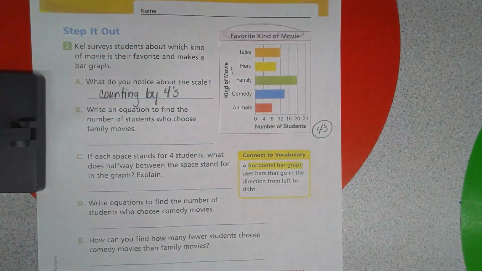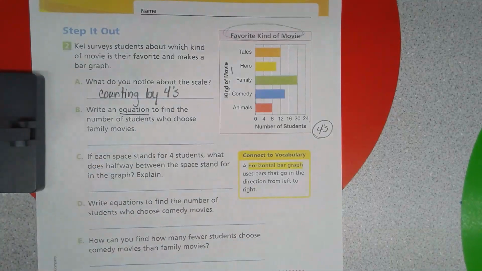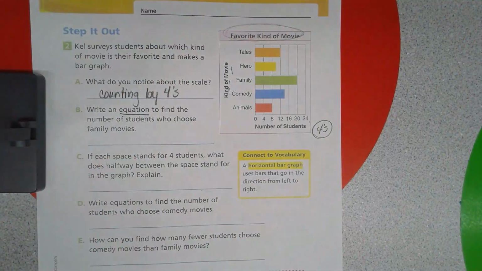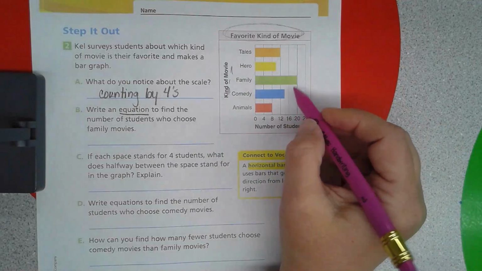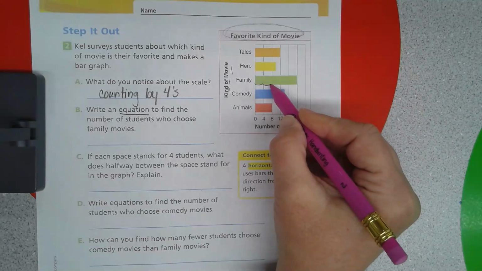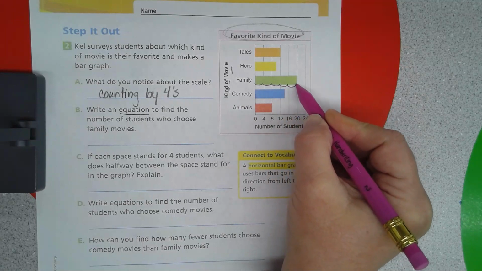Okay, then it says write an equation. Now remember, equation is a big fancy word for number sentence. Write an equation to find the number of students who choose family movies. Well, let's just look at it. We have 1, 2, 3, 4, 5 sections.